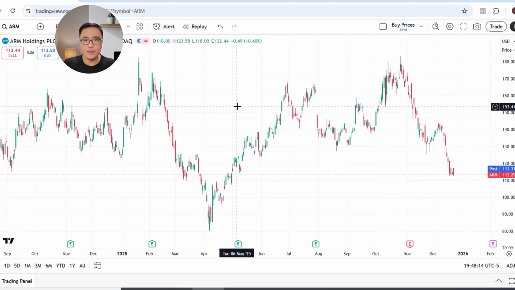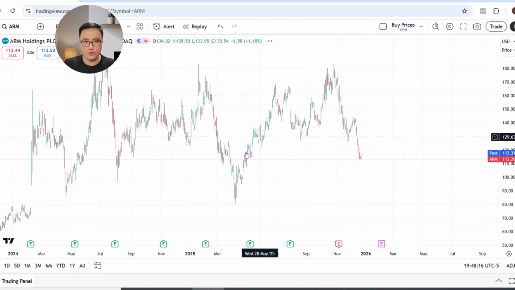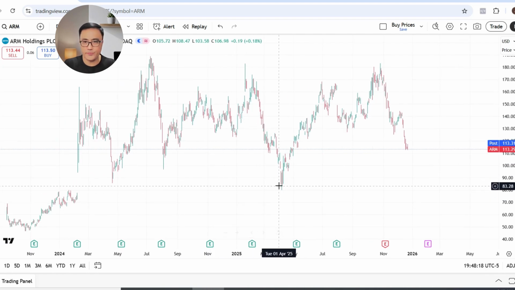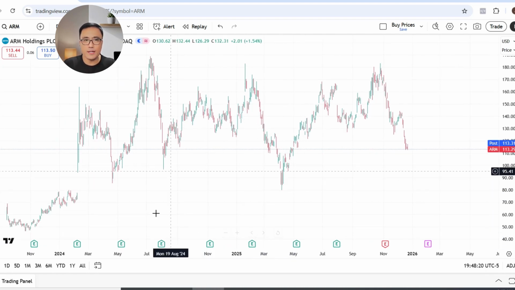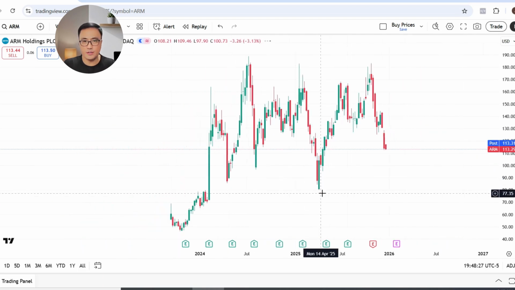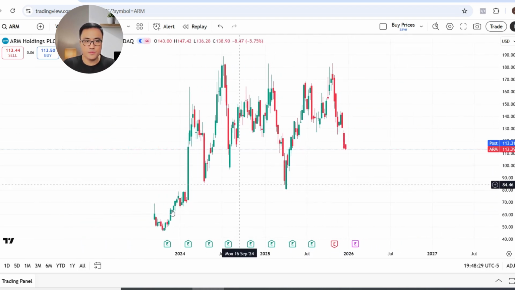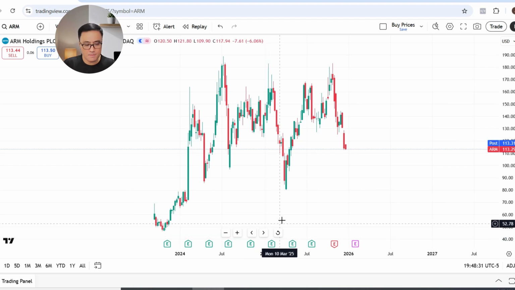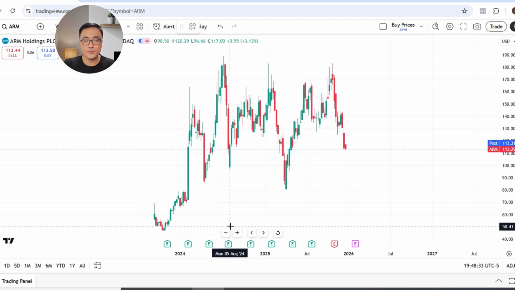ARM on the daily chart. I'm going to zoom out just a little bit. Now, what I like to do is flip through the weekly charts here. So to zoom out, and let me draw a trend line.